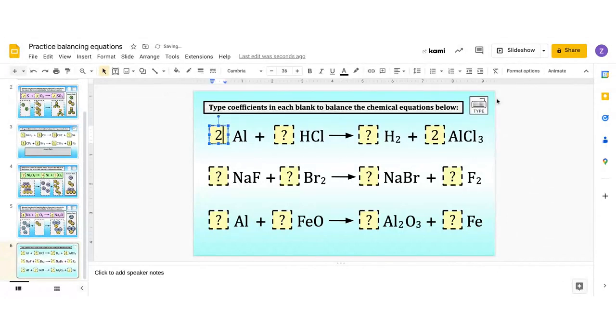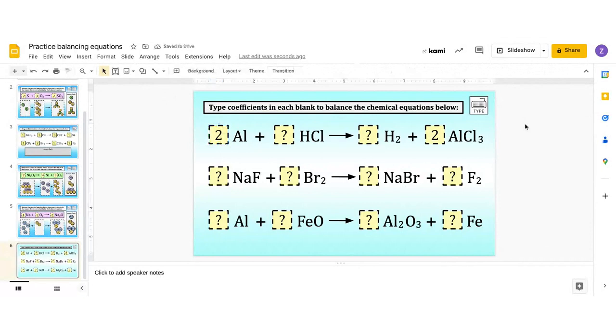All right. Now how many Cls do we have from our AlCl3? How many total do we have? 3 times 2, 6, right? So that's what's going to go in front of the HCl.